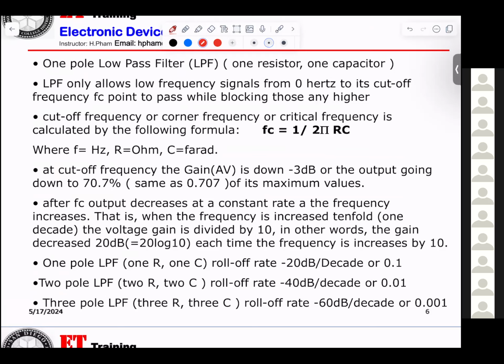A low pass filter only allows low frequency signal from 0 Hz to its cutoff frequency FC to pass, blocking anything higher.